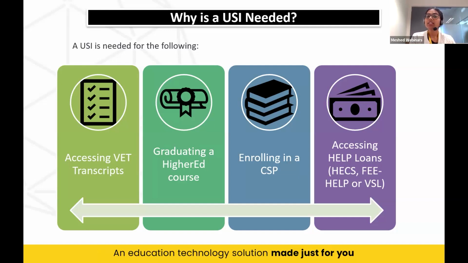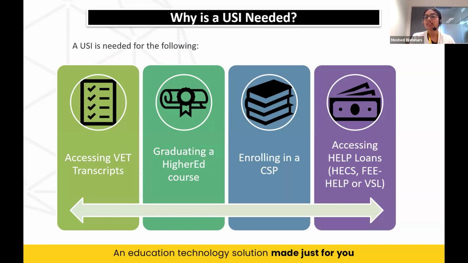Then it is required for higher ed students who are graduating in a higher ed course and receiving their graduation statements. It is also needed for any higher education student who is willing to enroll in a CSP. CSP is a Commonwealth supported place which is applicable for any higher education provider who is HESA approved.